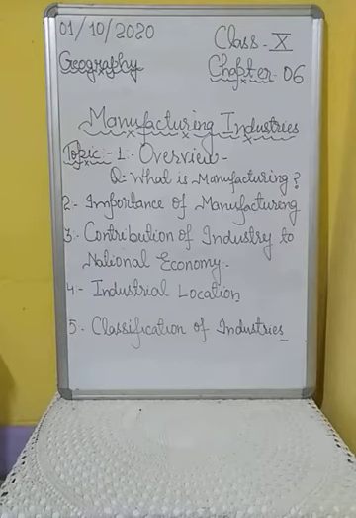For example, paper is manufactured from wood, sugar from sugarcane, iron and steel from iron ore, and aluminium from bauxite. Understood?